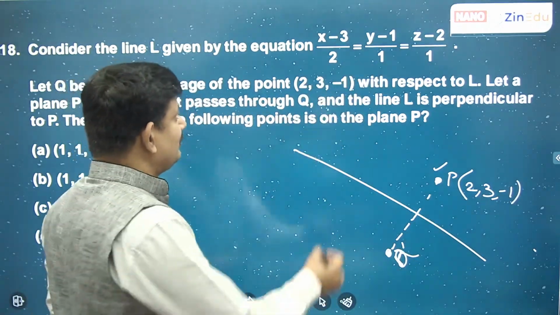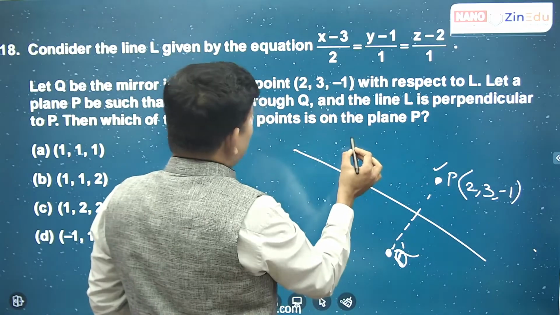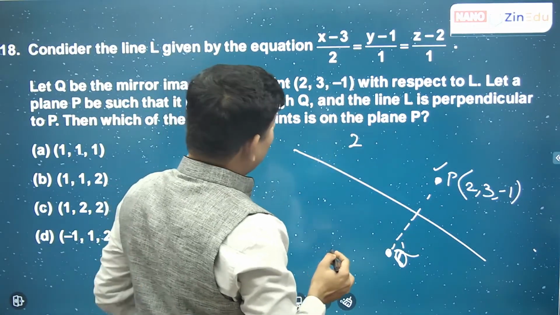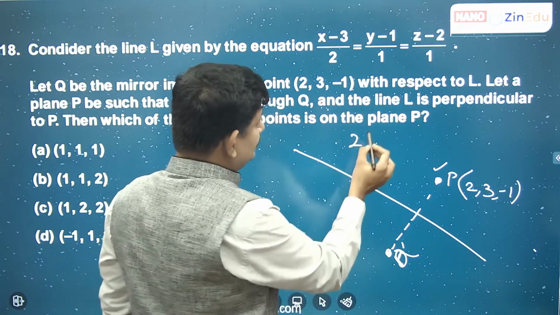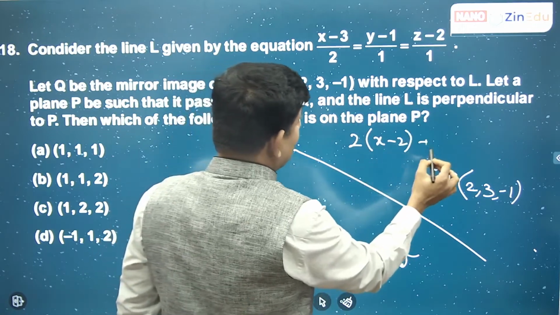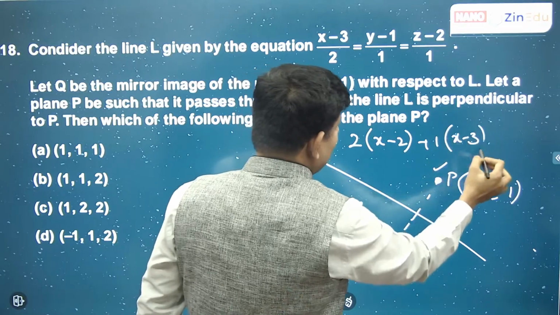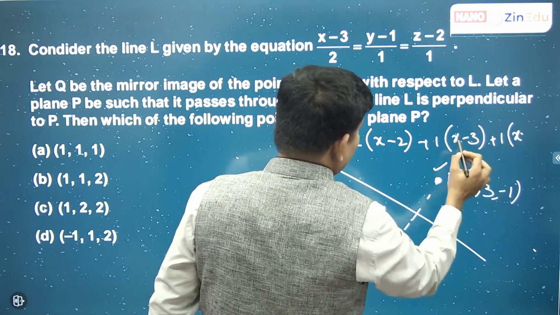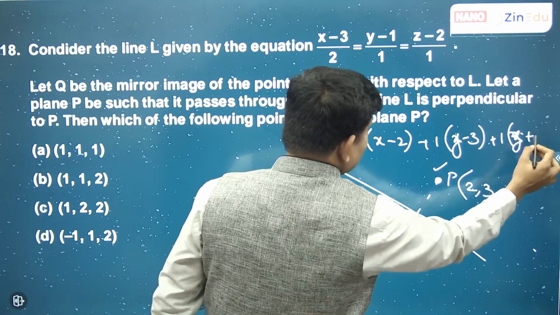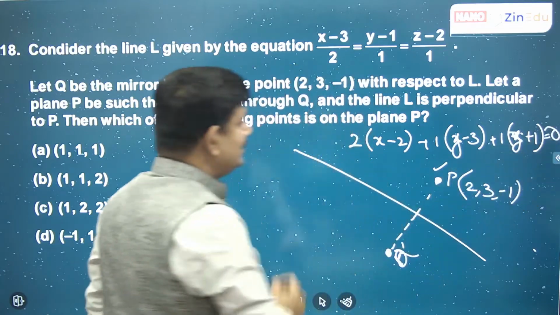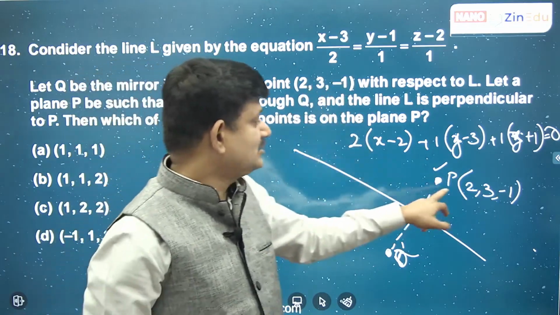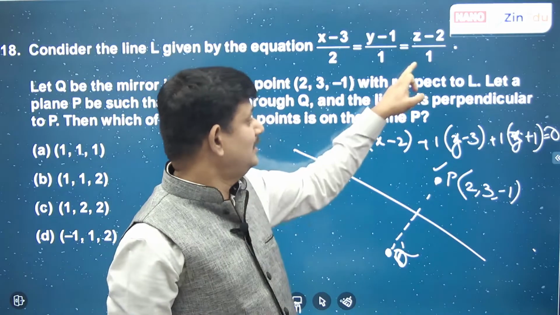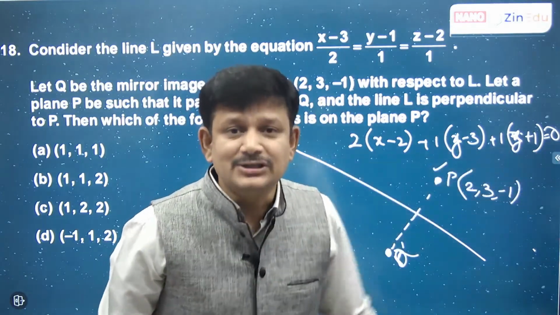So what will be the plane equation? These are the normal. 2, 1, 1 are the DRs of the normal. 2 into x minus 2 plus 1 into y minus 3 plus 1 into z plus 1 equal to 0.